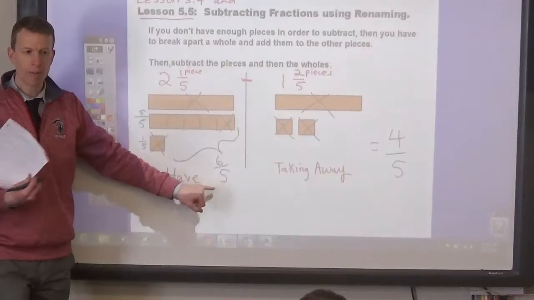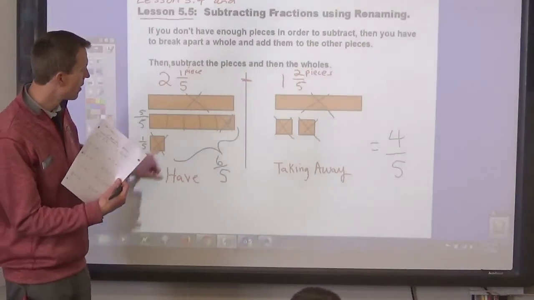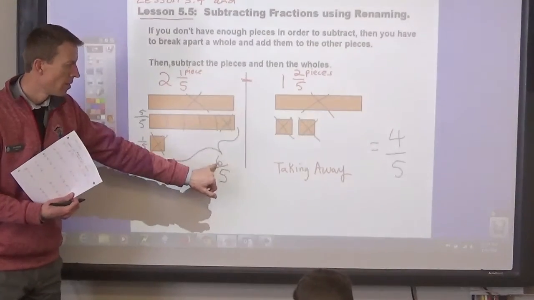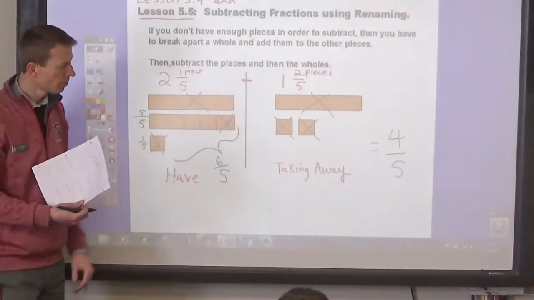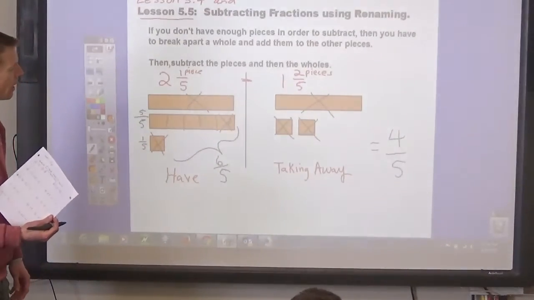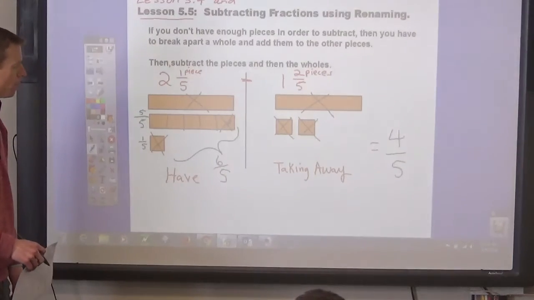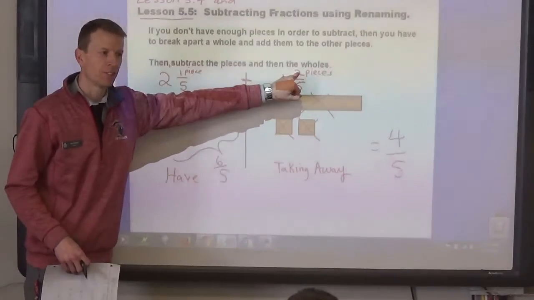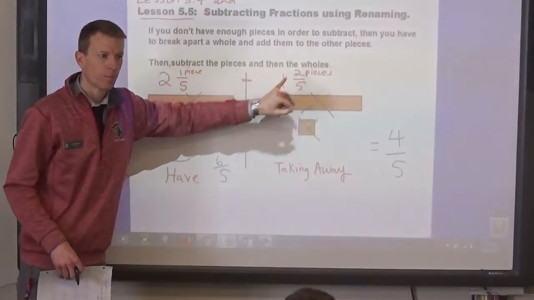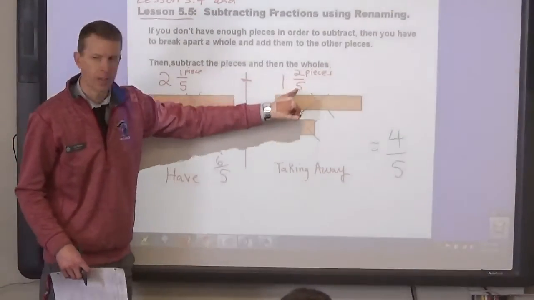And so that's what we're going to be working on in the worksheet, is writing this as the total number of pieces, and then we can take away what we need to take away. So if you have 6/5, now you can take away 2/5, right? What's 6/5 minus 2/5, class?